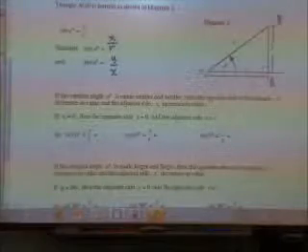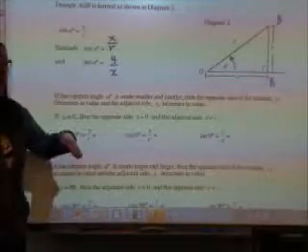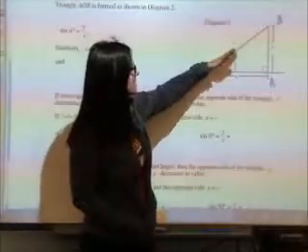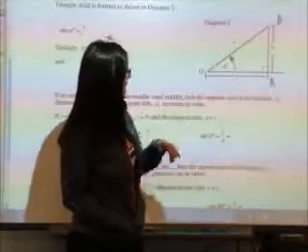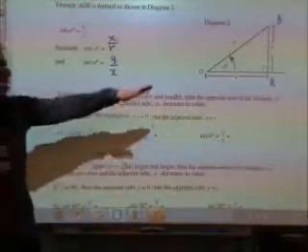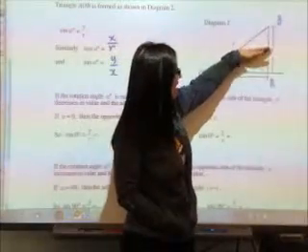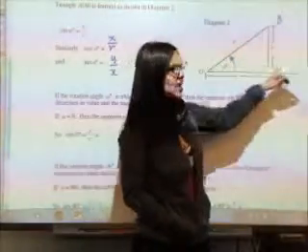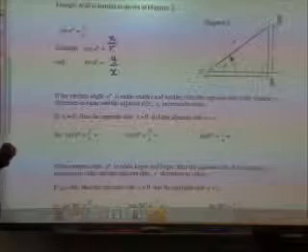So if the rotation angle of A is made smaller, what ends up happening is the opposite side, my y value, becomes smaller and my x value becomes larger.